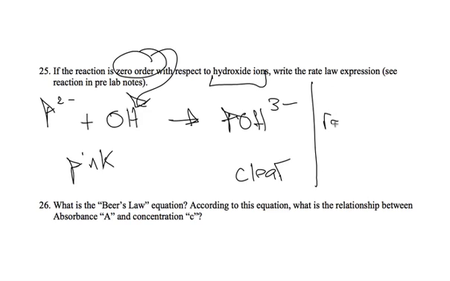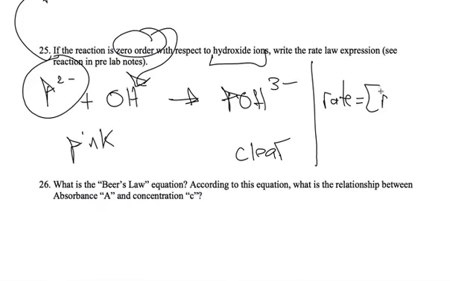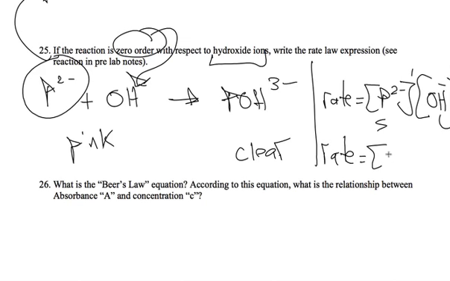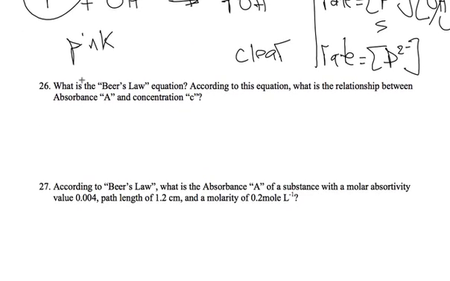Rate equals, well, we know it's first order for phenolphthalein because of what we learned up here. So P2- to the first, OH- to the 0, and we're going to rewrite that in a more professional form, not showing the 1 and not showing that 0, because anything to the 0 order is 1.